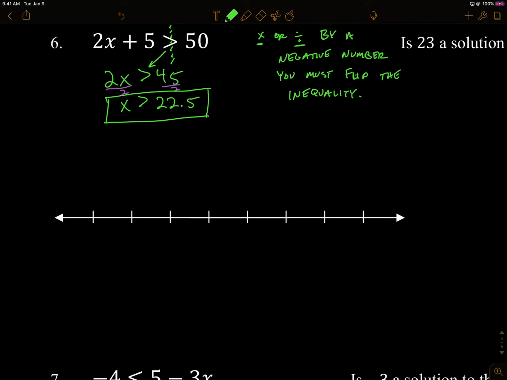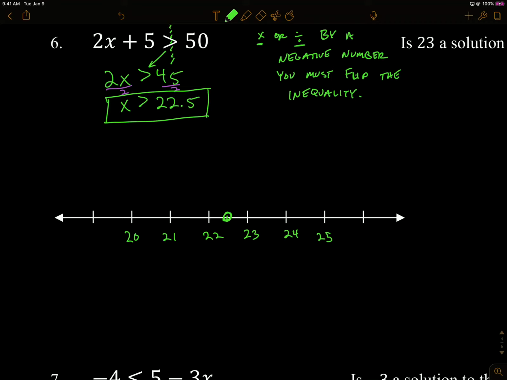Now if I want to graph that solution, maybe I go 20, 21, 22, 23, 24, 25. Okay, I just wrote those backwards. So 22.5 is somewhere right in the middle between 22 and 23. I use an open circle because I don't want to include 22.5 in my solution set.